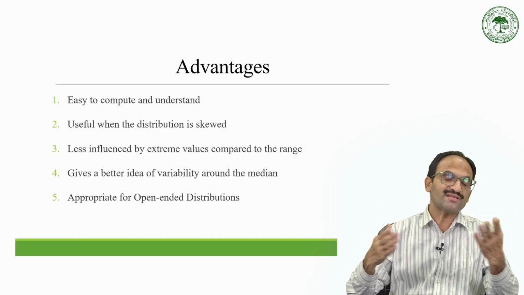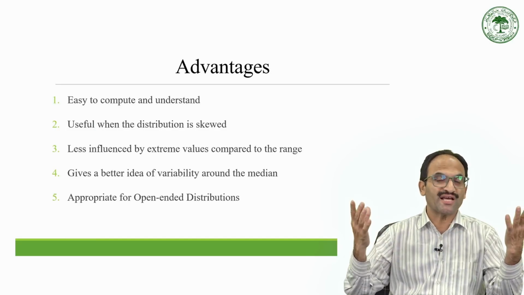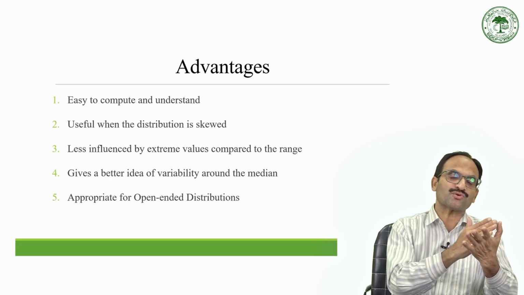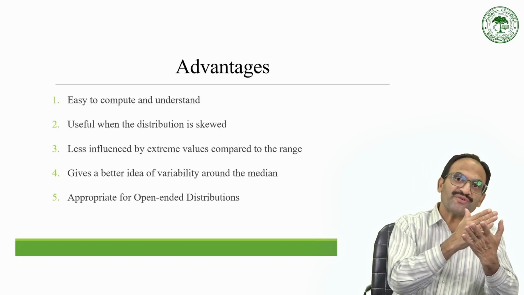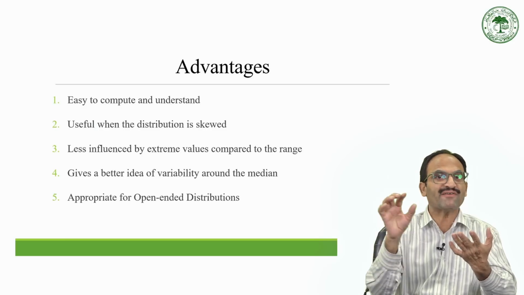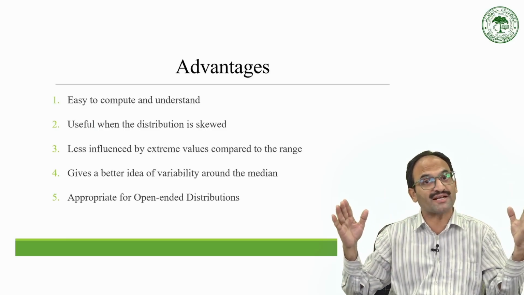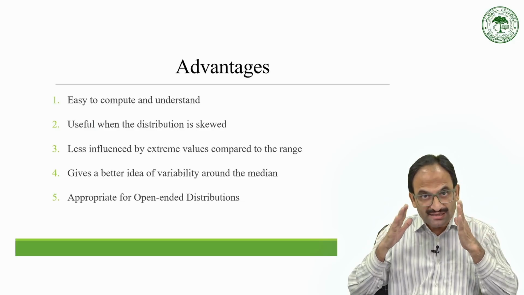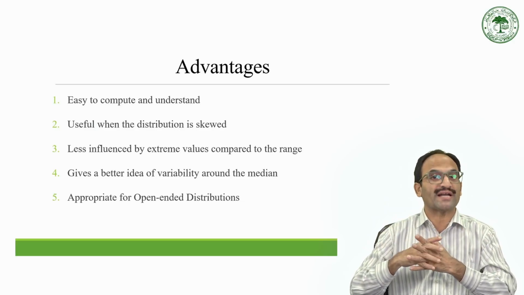Then quartile deviation is less influenced by extreme values compared to range. Remember, yesterday I talked about range, and you know how we calculate the range? We subtract the lowest score from the highest score. So if there is any extremely low value or any extremely high value, that is, if outliers are there in the data, definitely range will be very much influenced. But this is not the case in quartile deviation.